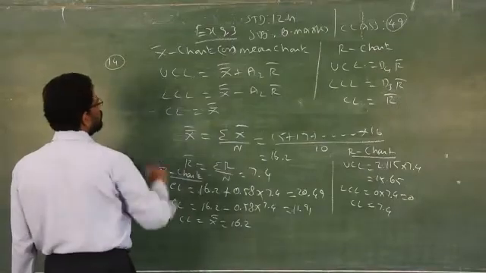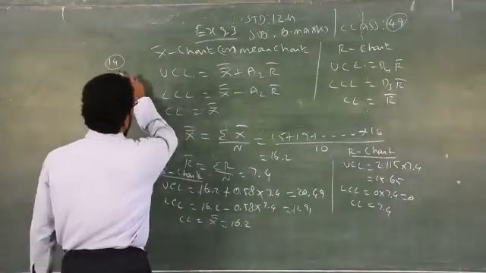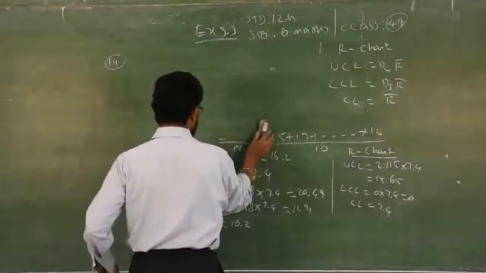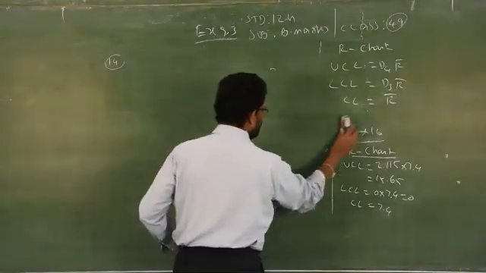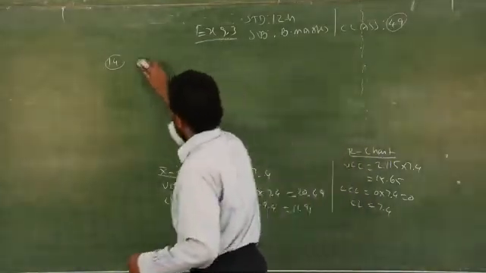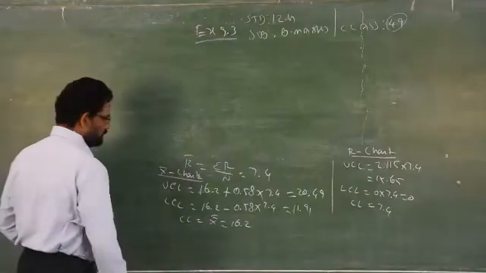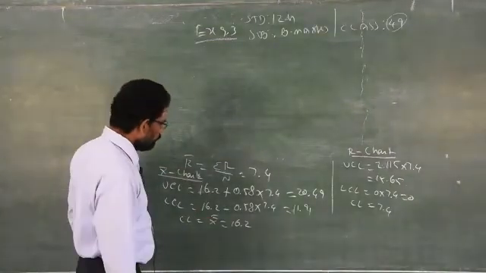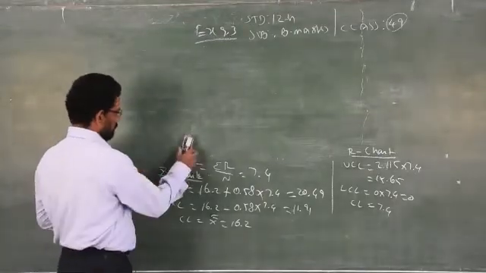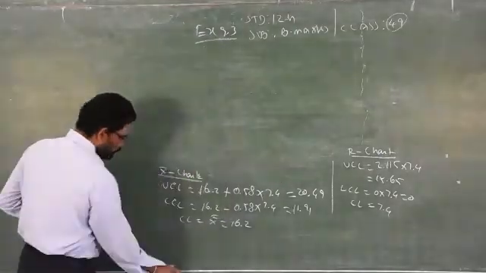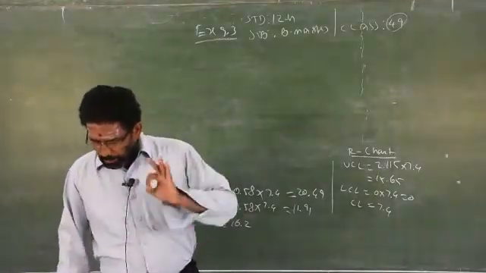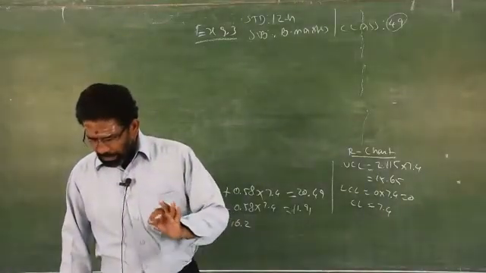Now I am going to start drawing the diagram. This is very easy, so don't think that it will be very difficult. It's very simple. Please don't do the calculation, don't plot the points on the graph sheet. Now, after finding the X bar chart, please see under X bar: what is the minimum value and maximum value?